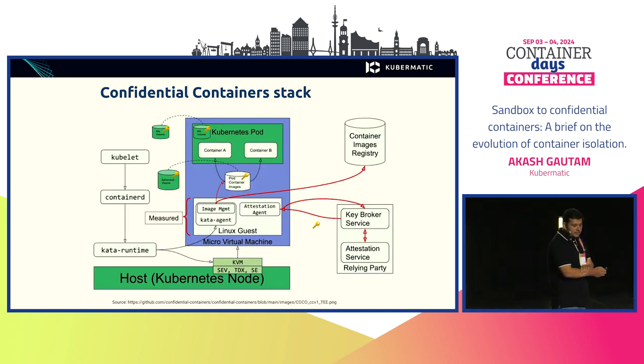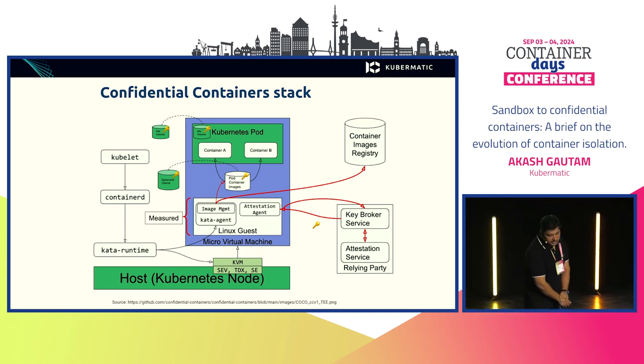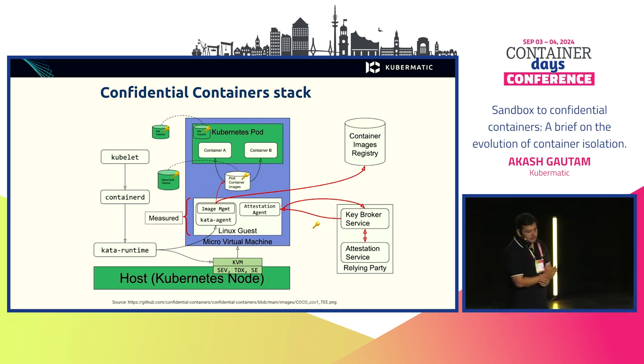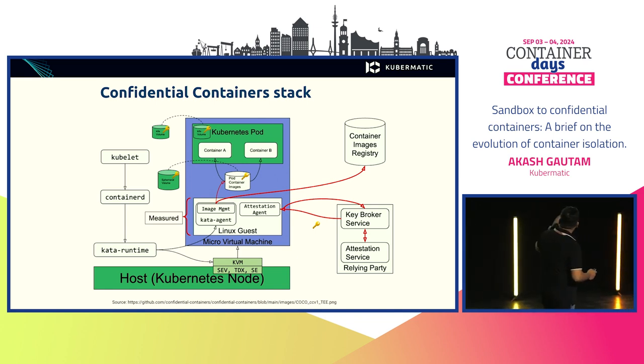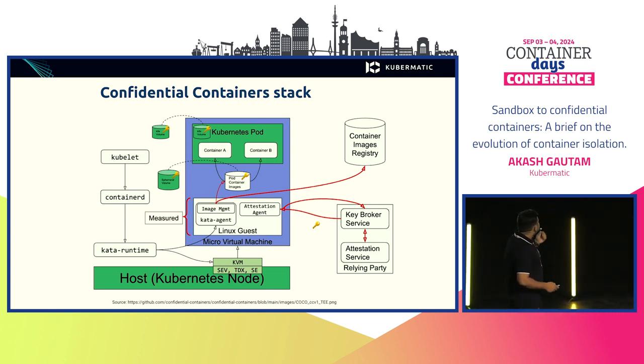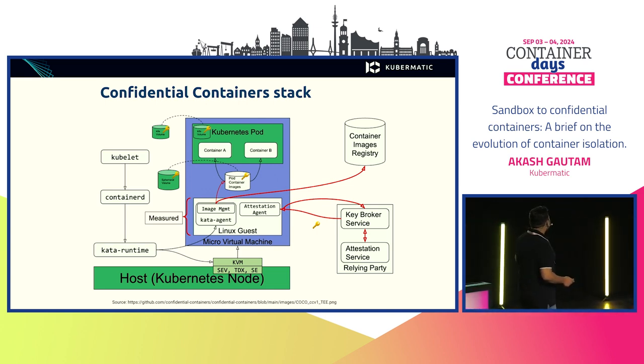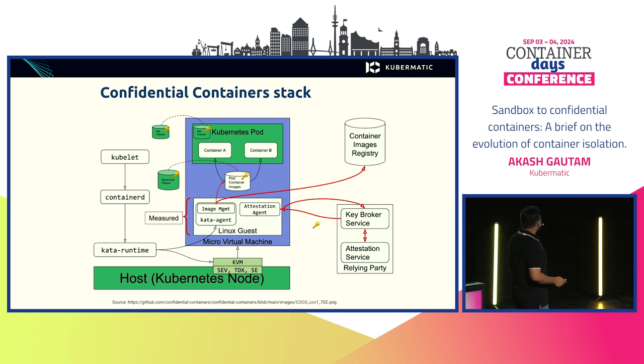This is like a rough diagram of how confidential containers will look in action. So we have a node here that has support for confidential computing. And similar to Kata containers, confidential containers also put each pod in a virtual machine, but this virtual machine is virtualized out of hardware that has support for confidential computing.